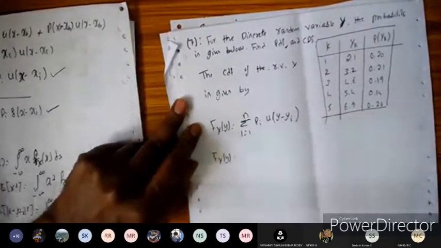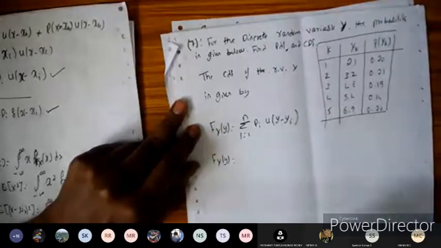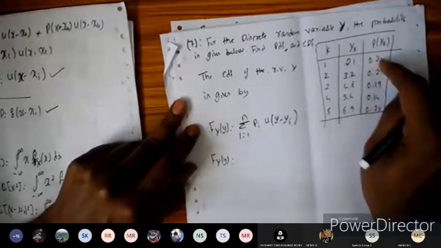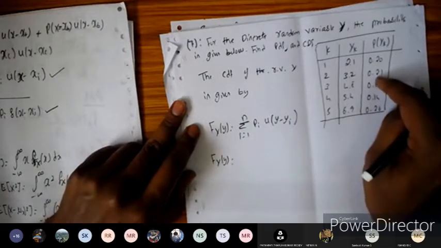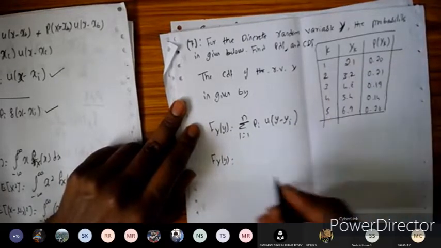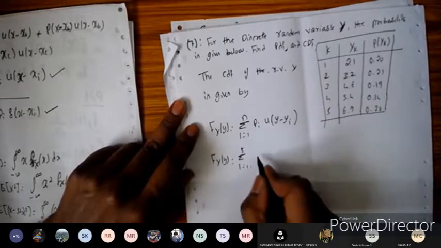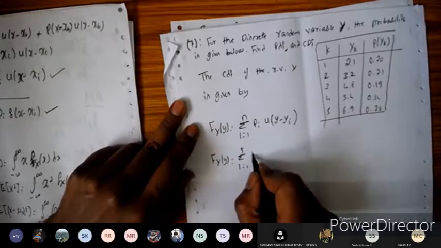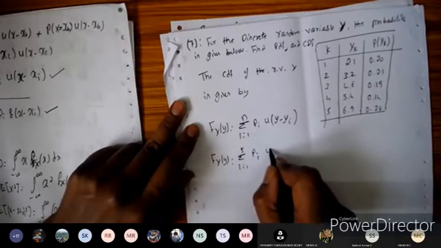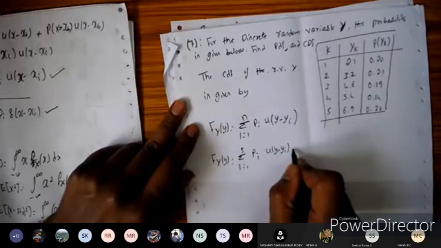If we expand the summation, the first term has p1 equal to 0.20. Here i takes the values 1 to 5, so the summation is i equal to 1 to 5 of pi into u of y minus yi.